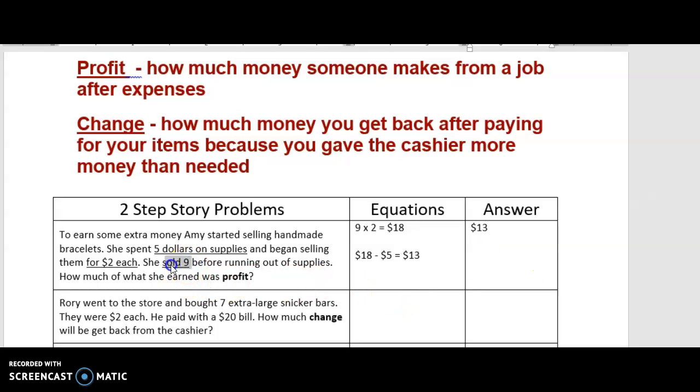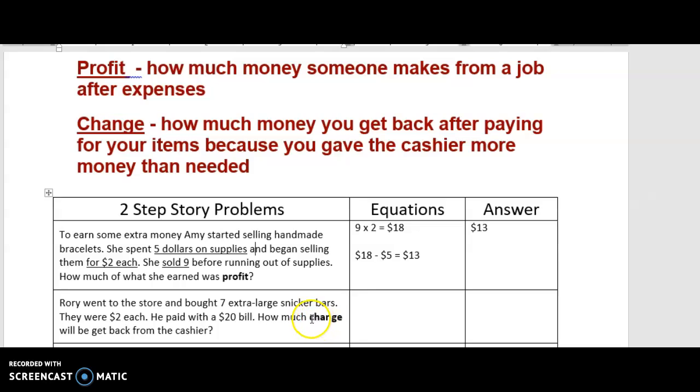Because yes, she sold 9 of them, and yes, they were $2 each, that is 18, but it wasn't like she made them for free. She had to spend $5 to make them. That happens to a lot of you, maybe if you do a lemonade stand. You spent $3 on lemonade, but you still have to subtract those $3.